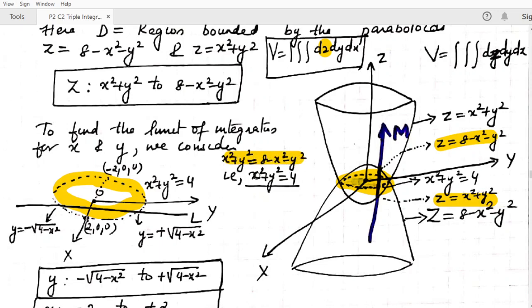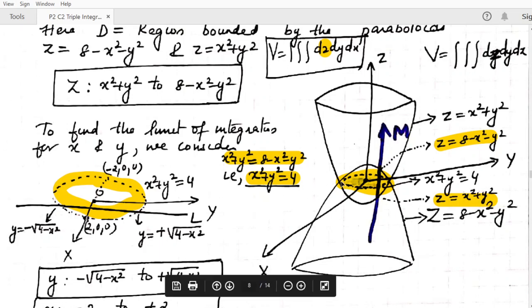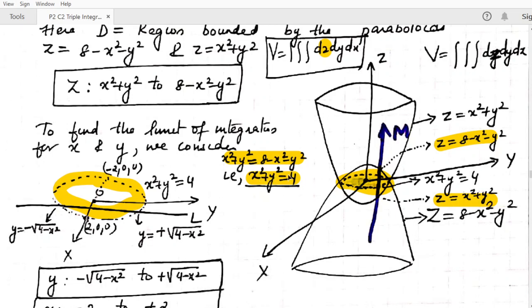Simplifying, we get x square plus y square equal to 4. This is the point of intersection of the two paraboloids.